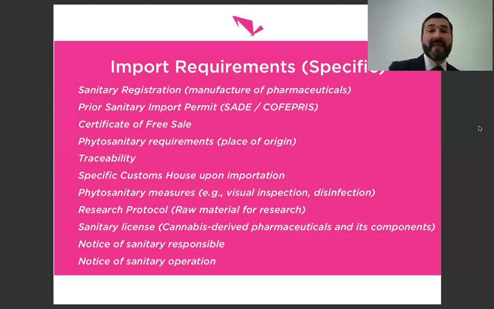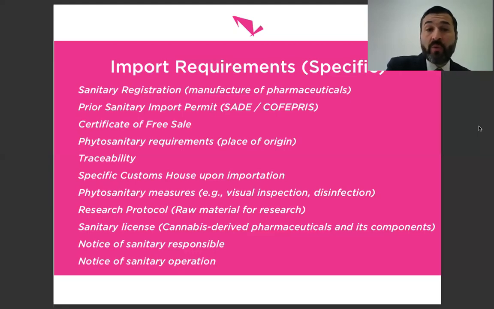Okay. Sanitary, phytosanitary requirements. These are for specific types of goods. I'm going to jump into traceability. I will discuss it further. Specific customs house upon importation. This is something huge also, due to the nature of cannabis products.